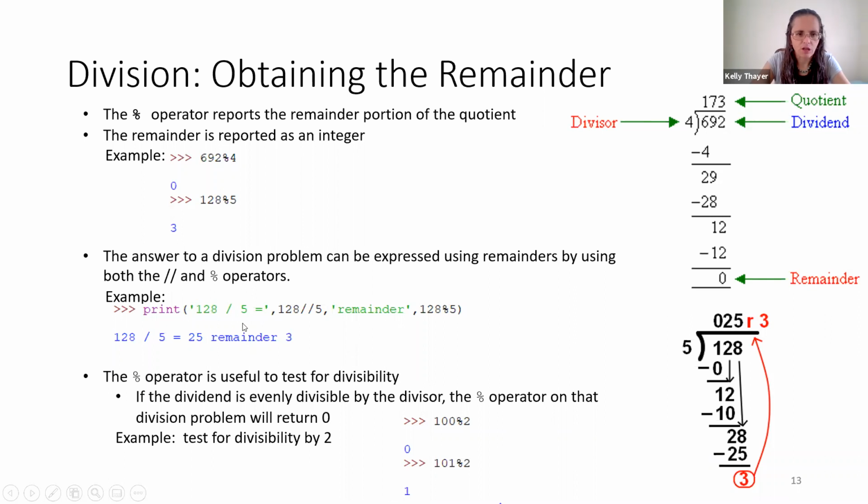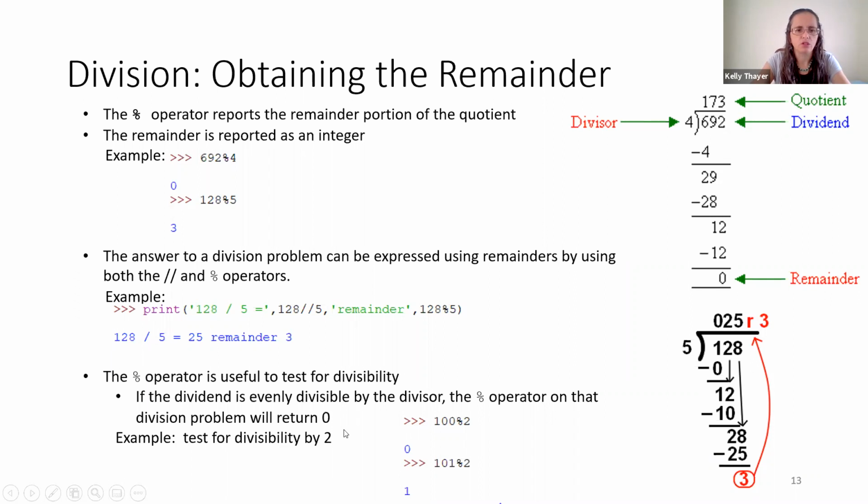So we're going to print, and then it's going to tell the division problem. And now we're going to do the floor division to get the whole number part, remainder, and then it will give you the remainder part right here. And so when we do this in Python, it will express it back to us just like this. The green part's coming down here because they're literal inside the quotes, and then it's filling in the answer. So we get 25, remainder 3. So this is how you could do that.